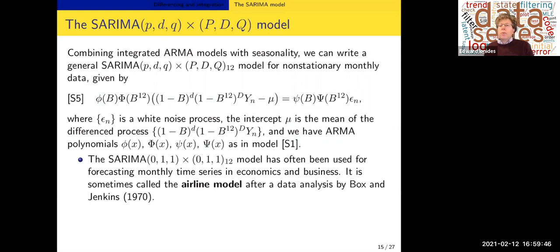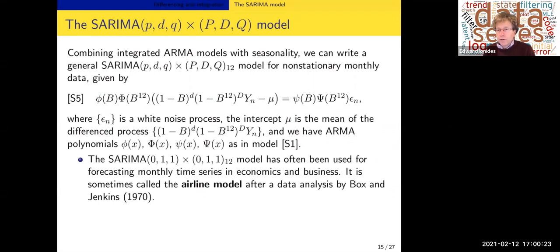And because there are so many models that fit into this framework, people normally only use very small values of p, d, q, big P, big D, big Q. One particularly famous example that seems to be useful in quite a few situations is SARIMA (0,1,1) cross (0,1,1)_12, which is used for monthly forecasting in economics and business. It's sometimes called the airline model, after a data analysis by Box and Jenkins that popularized this particular model.